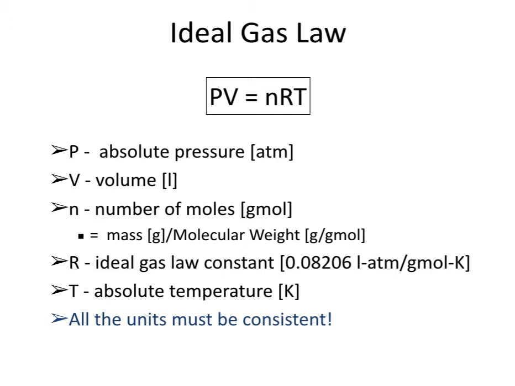So for our purposes, we're going to assume that most gases act under ideal conditions. In most places on the Earth and most environments, this assumption is a relatively good one.